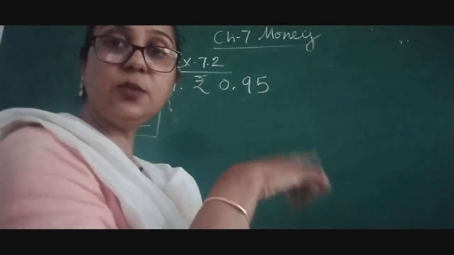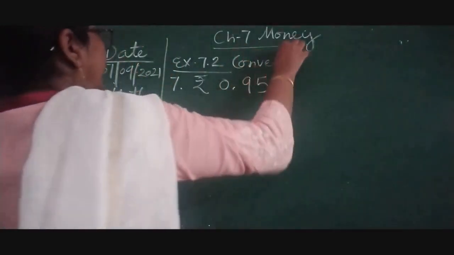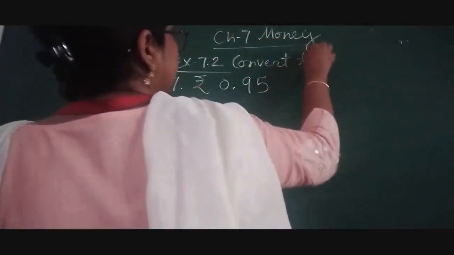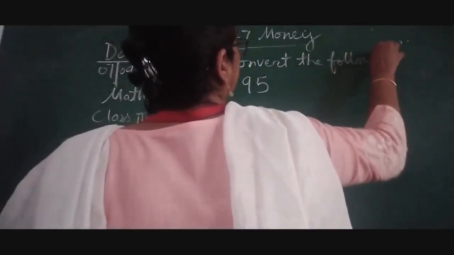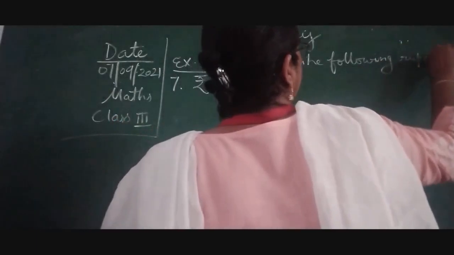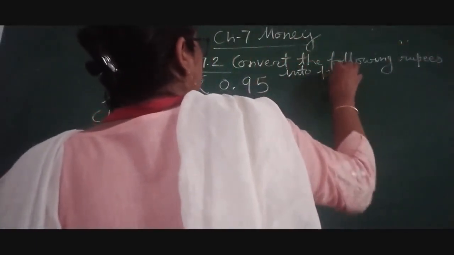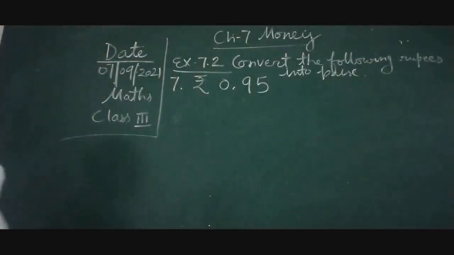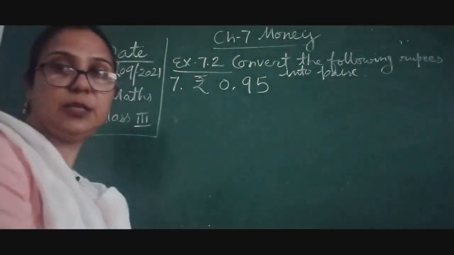The exercise is based on converting the following rupees into paise. So here 0.95 is there.